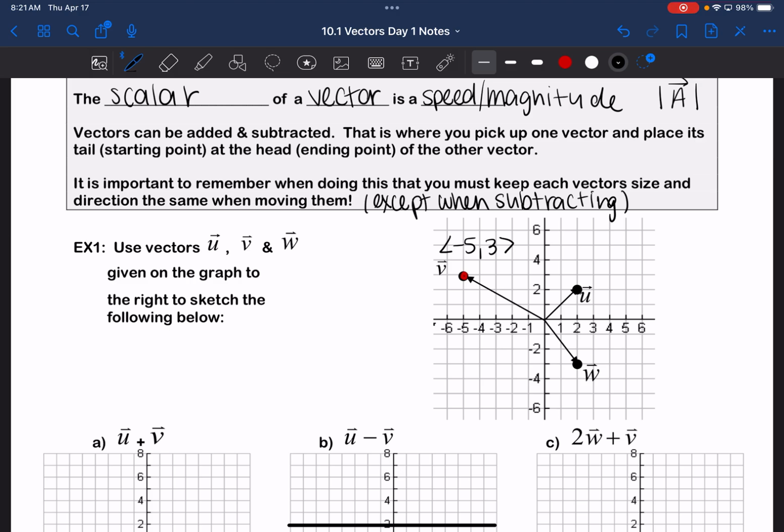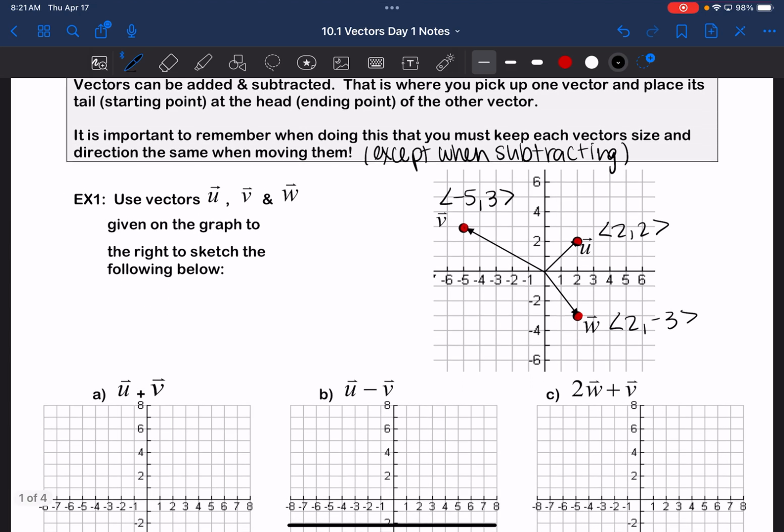All right, so then what would be our vector for vector u? Right. 2, 2. All right, and what about vector w? Where's that one? Good. Okay, so now that we know all of the vectors, we should be able to find the following.